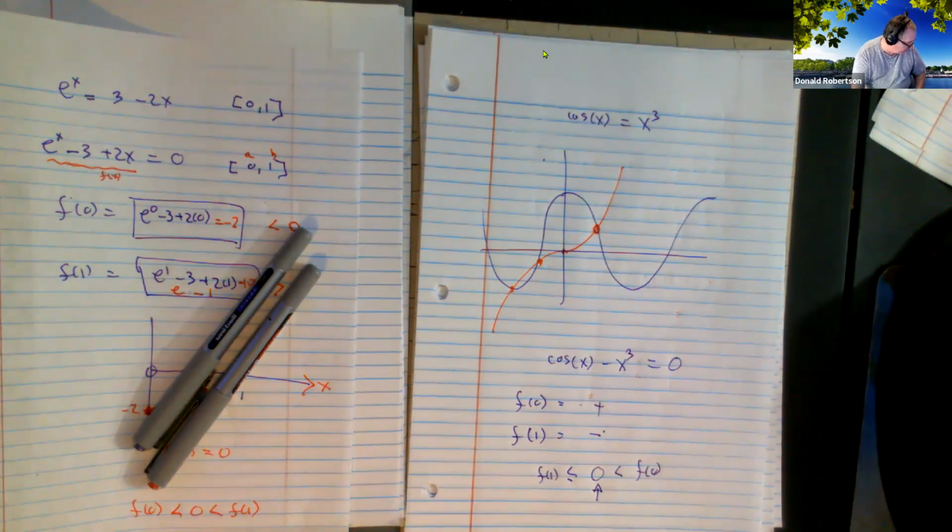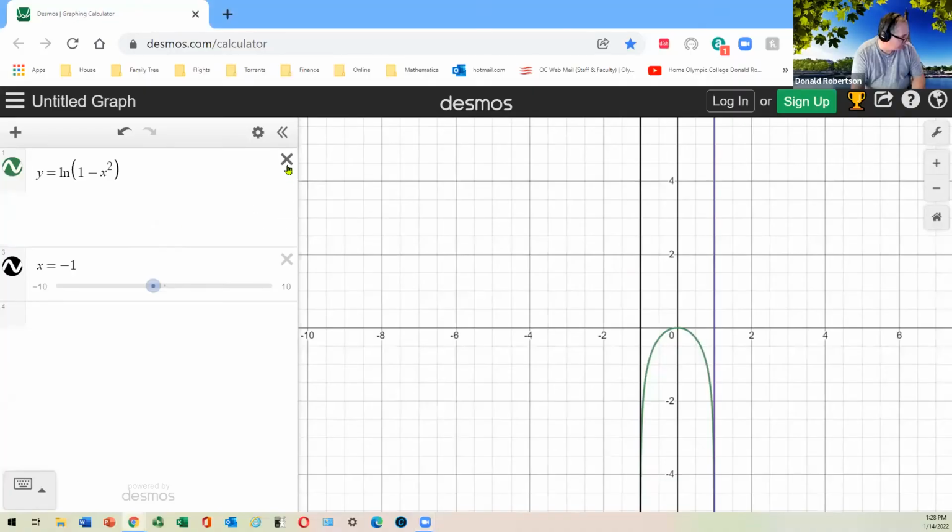Let's do that bit. Here we go. I am going to find where this is 0, and we're going to do it by using Desmos, because that's the easiest and most obvious way for my brain to work.